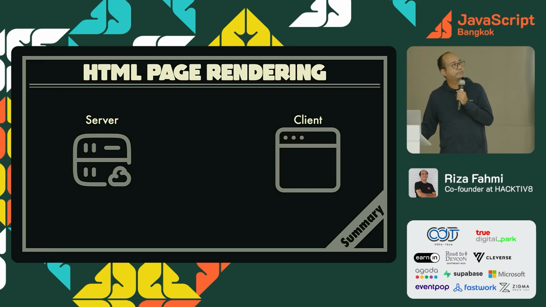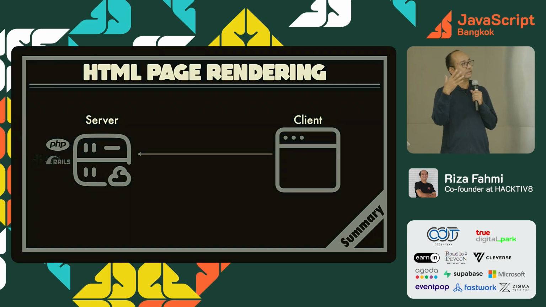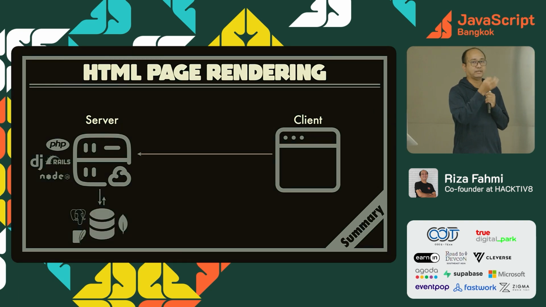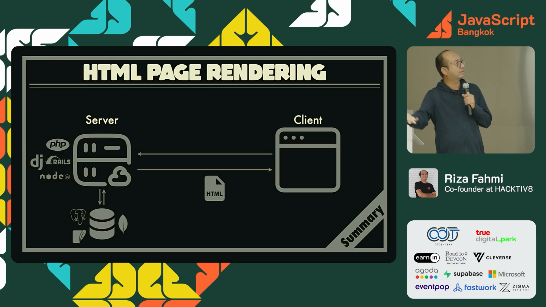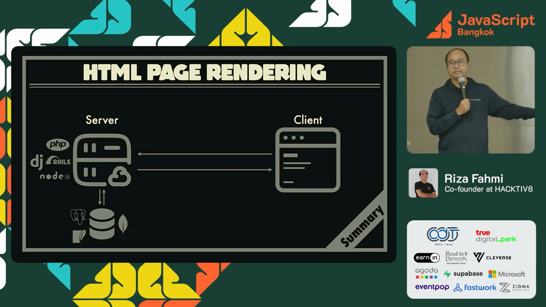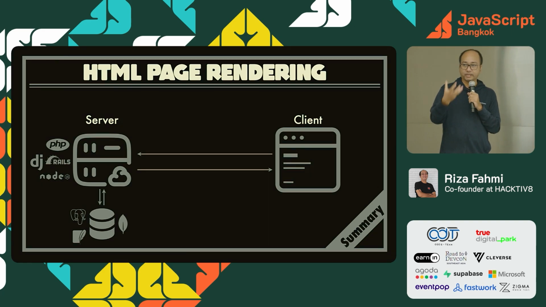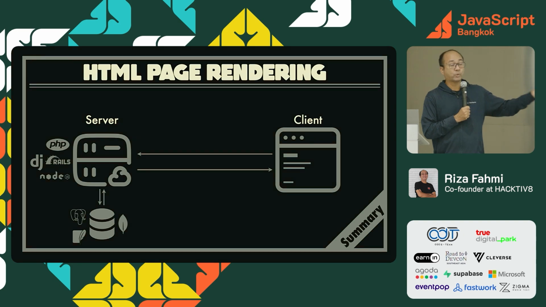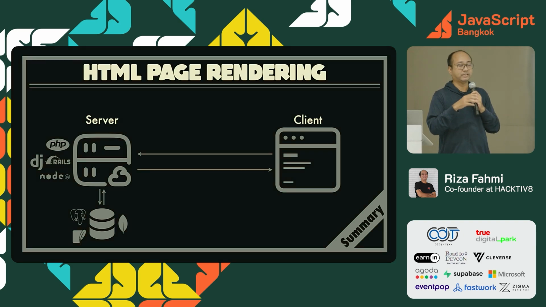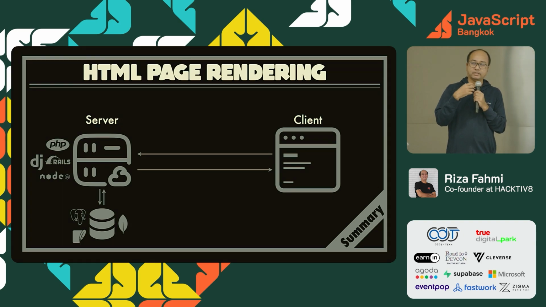if the client asks for one route, /about, and then there is a backend for a dynamic page. Maybe they query the data and send it back as HTML, and the web browser will render the page.